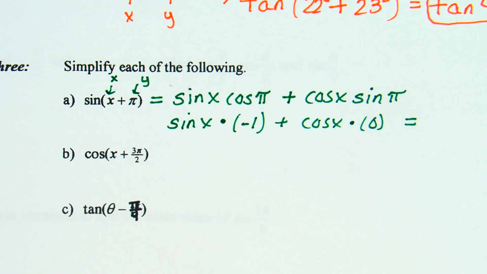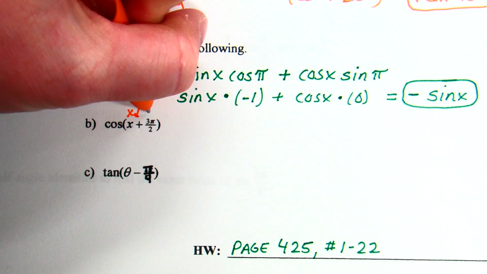Okay, let's try B. Cosine of x plus 3 pi over 2. Again, realizing your parentheses are your x and y values. How does a cosine identity work? It needs to be opposite. It's cosine, cosine.